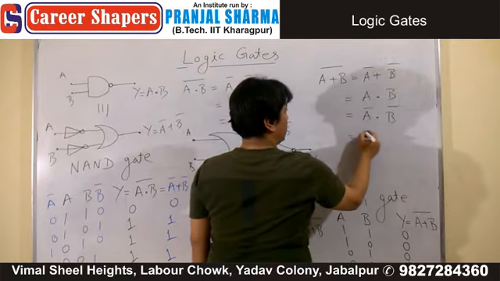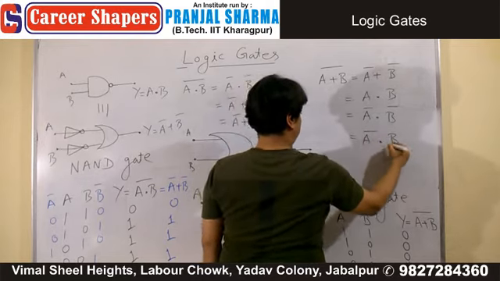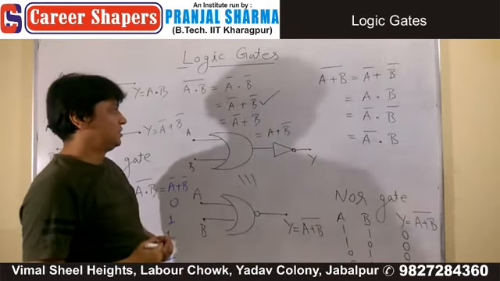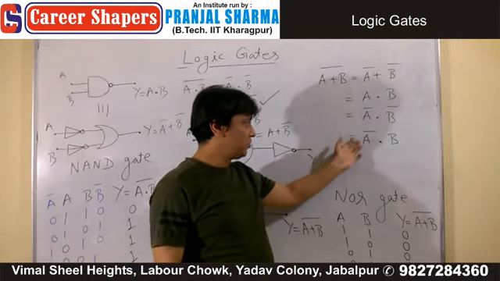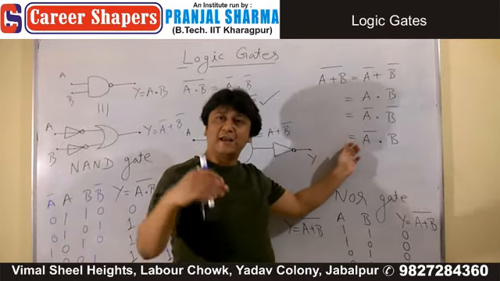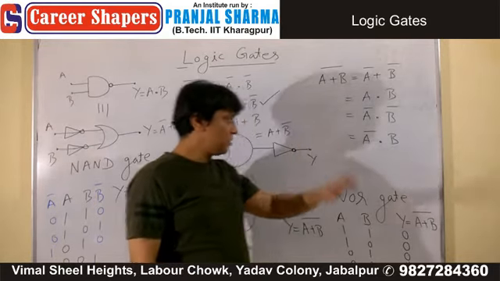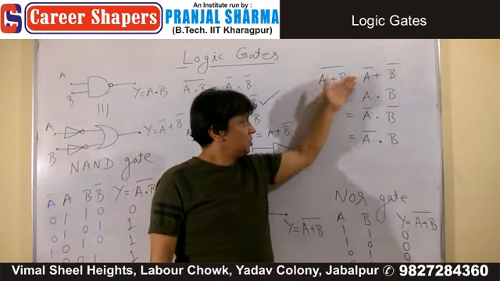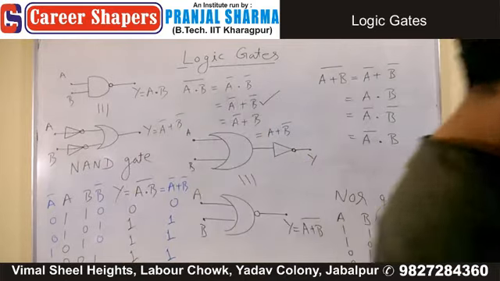This is A bar multiplied by B, or any other combination you wish. Which option is correct? First, second, third, fourth, or any other if you think is correct, write down that other option. For a NOR gate, which of these four is the correct possibility?